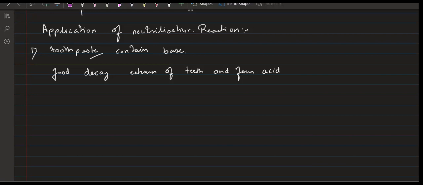So what happens? We brush our teeth with toothpaste because toothpaste contains the base.